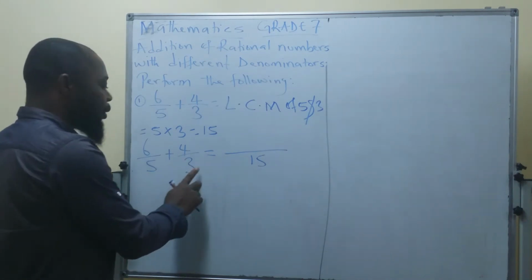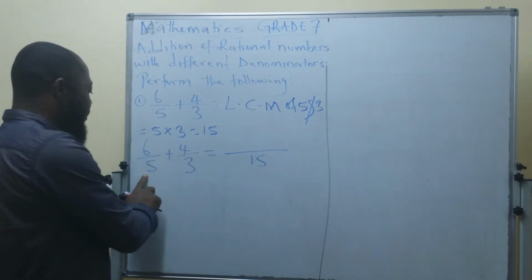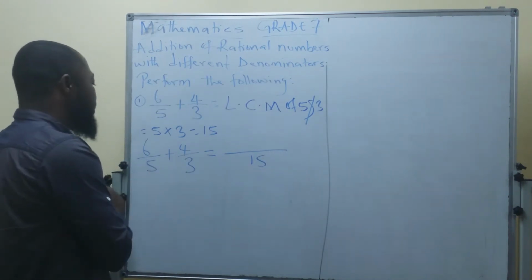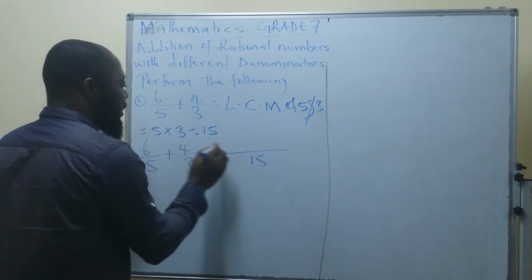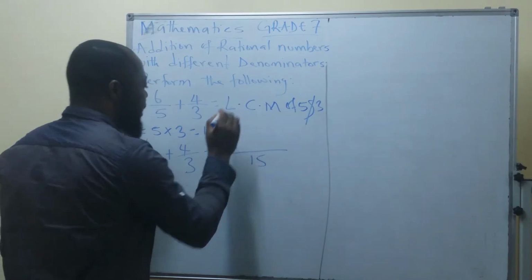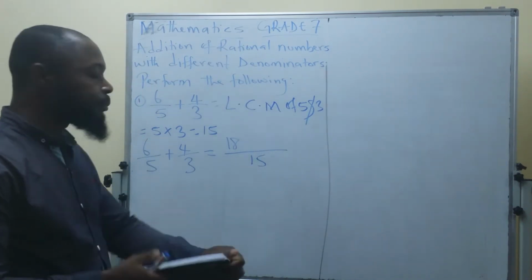Okay. So your answer is this number. So 15 divided by 5, you have 3. Okay, that 3 multiplied by 6. 3 times 6 is 18.